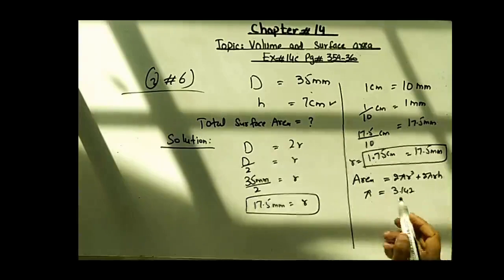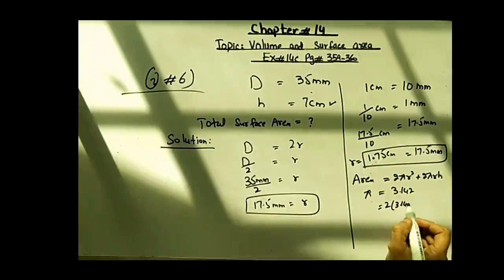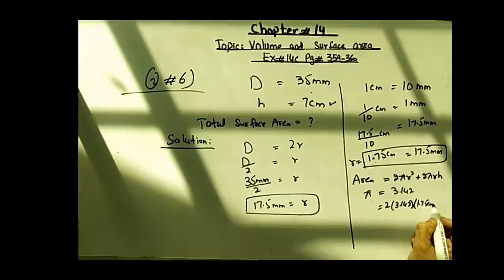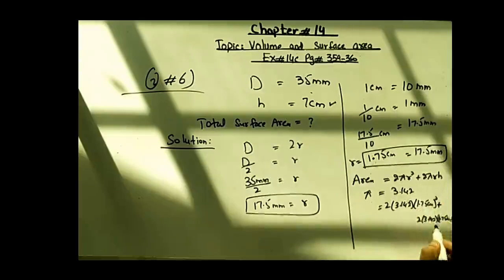Then plus sign, write down the next one: 2 pi, 3.142, multiplied by r, 1.75 centimeter, and h is equal to 7 centimeter, multiplied by 7 centimeter.